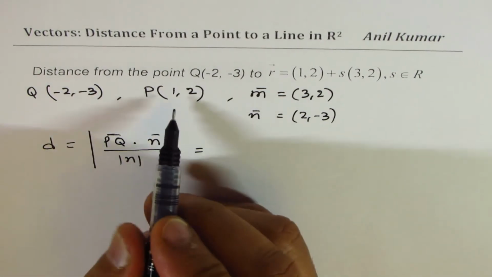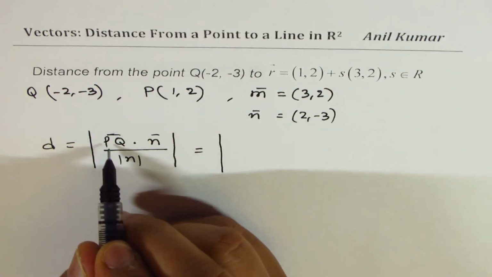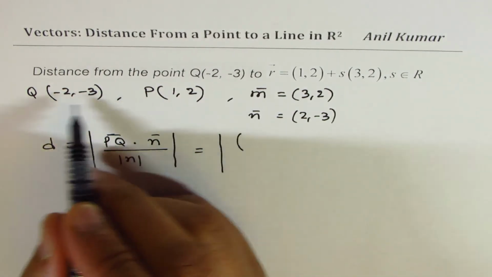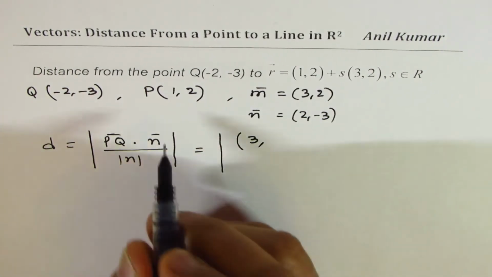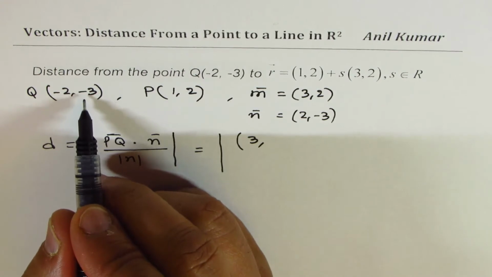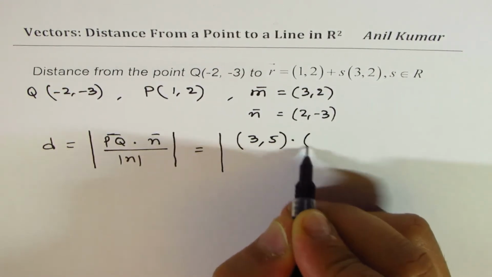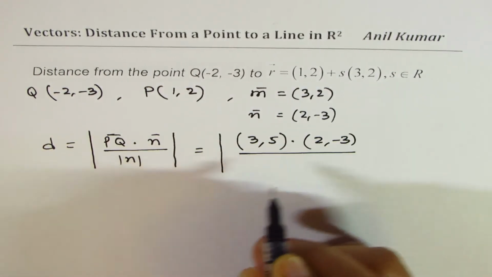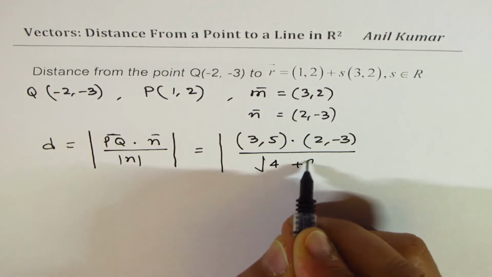So PQ, let me write down, this direction, will be 1 minus (-2), which is 3, and 2 minus (-3) is 5. That is PQ, right? Dot n, which is (2, -3), over the magnitude of n, which is the square root of 4 plus 9, right?